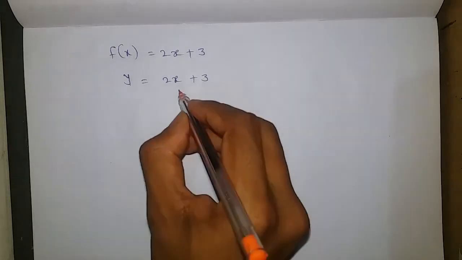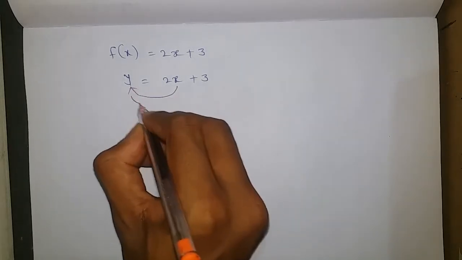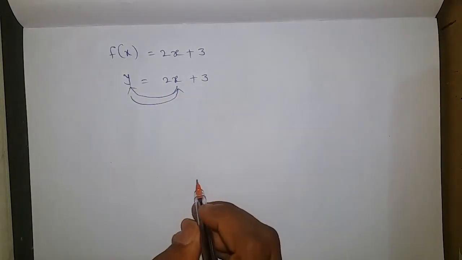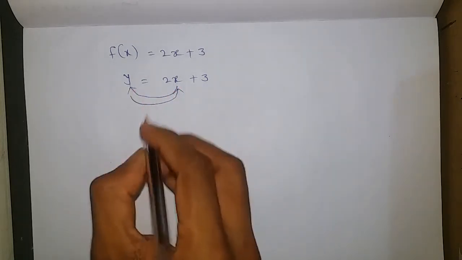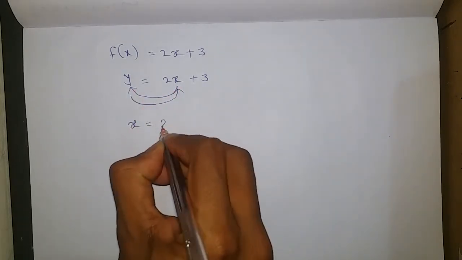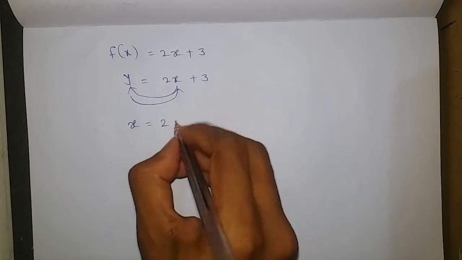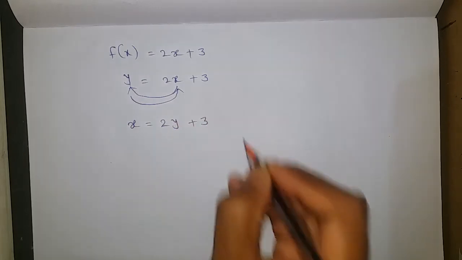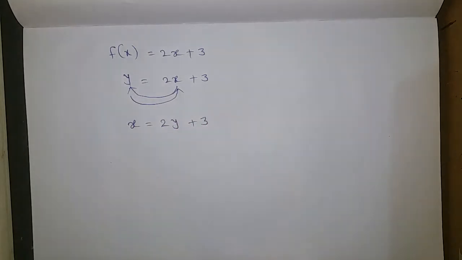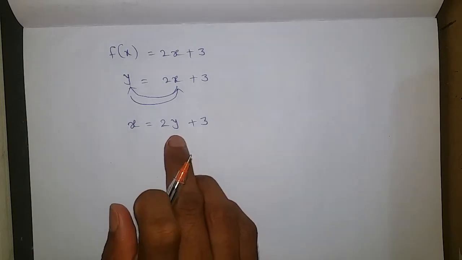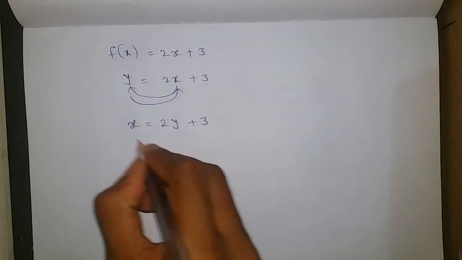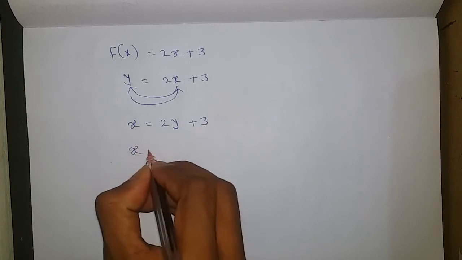Now swap the variables. Swapping the variables. X will come here, so x is equal to 2 into y will come in the place of x plus 3. Now find the value of y. So plus 3 I am taking to another side, it will become minus 3.